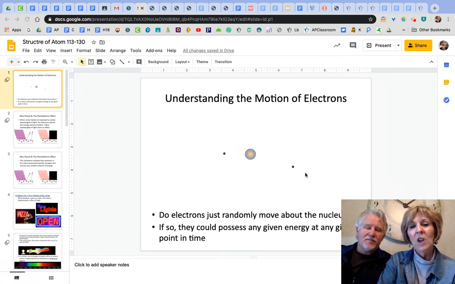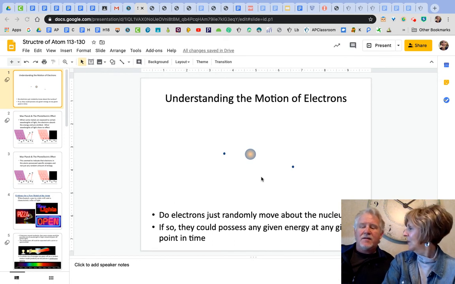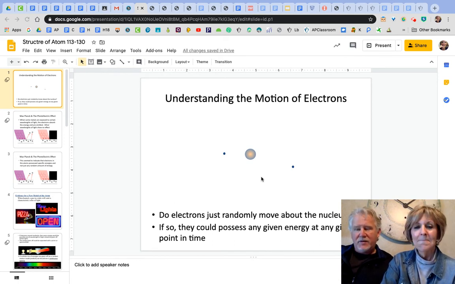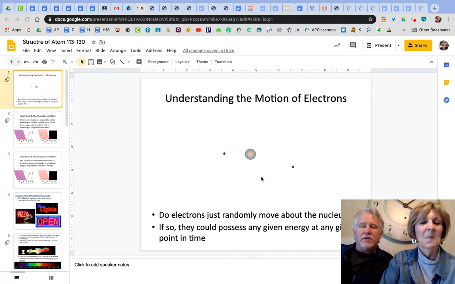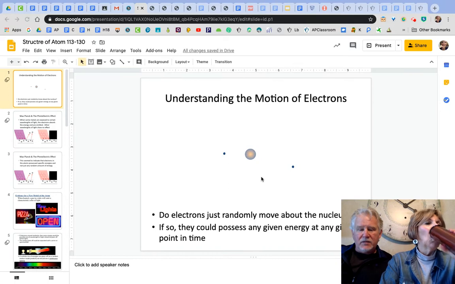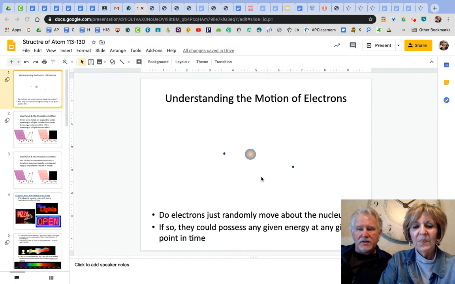So we're going to talk about the motion of electrons. And what do we know about electrons? Are they just moving randomly around the nucleus? We actually know a lot about electrons. We do know that they're not just randomly moving about the nucleus because they're in specific energy levels.